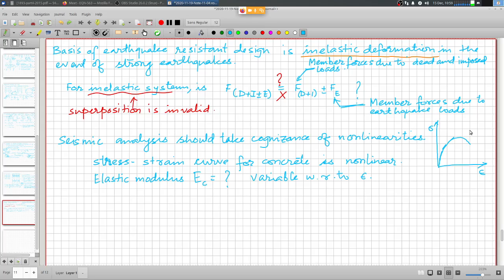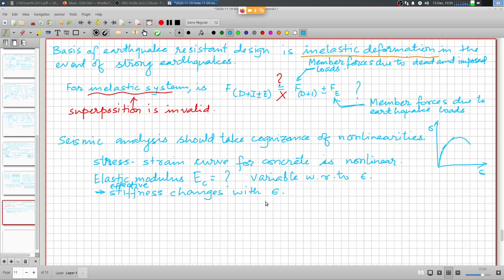And that has an effect on stiffness. Stiffness changes with epsilon. So I would rather say effective stiffness changes with epsilon.